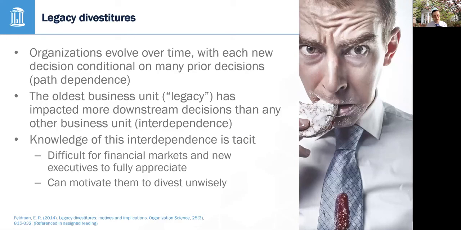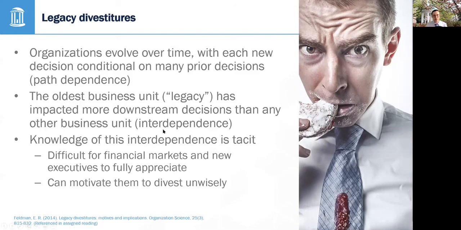Legacy divestitures are particularly risky. This is describing divestiture of the legacy core business unit or the oldest part of your business. Essentially, because businesses evolve over time, there's a lot of interdependent decisions, and the oldest business unit will be affecting more of those than any other business unit.